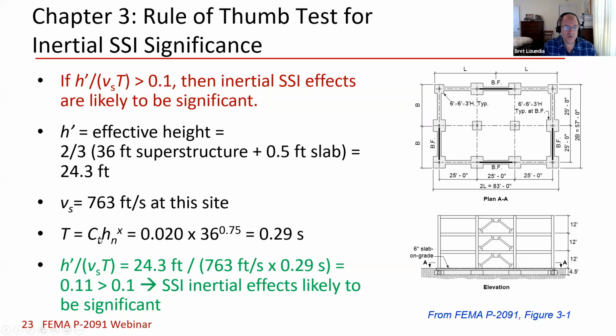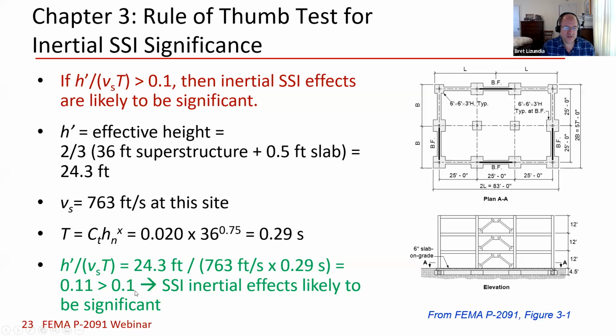And then you can use the code fundamental period equation. As long as you know your system, so hopefully you know what building you're talking about. You may not have done a complete design, but at least in this case it's a braced frame and you know how tall it is. So you can plug in the CT value and the exponent and the 36-foot height, and you find this is, not surprisingly, a very short period building, 0.29 seconds.